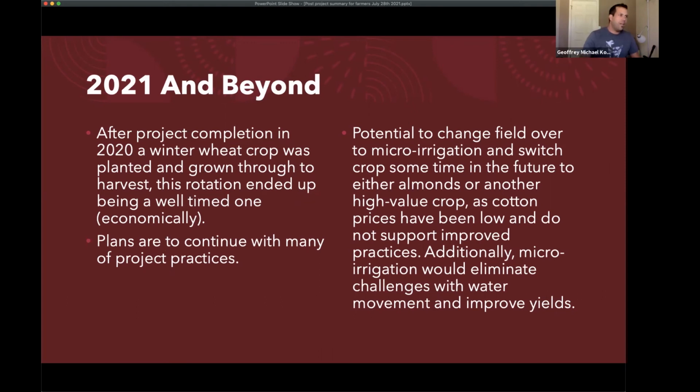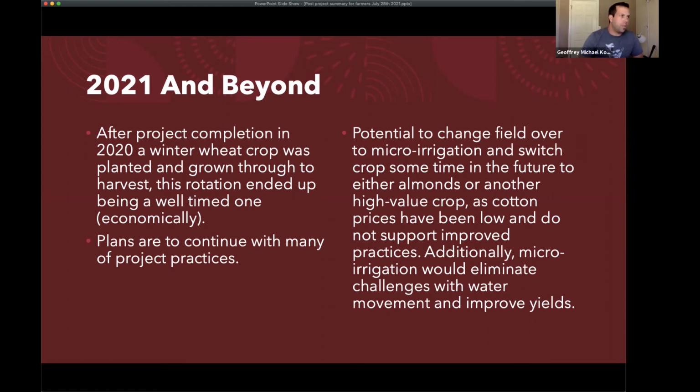Another thing that's come up over the last couple of years is the potential change to micro irrigation or subsurface drip, and a potential change in cash crop as well, depending on how things go with those markets: cotton or something else. Either keeping it in cotton or switching to almonds or tomatoes or another annual crop.